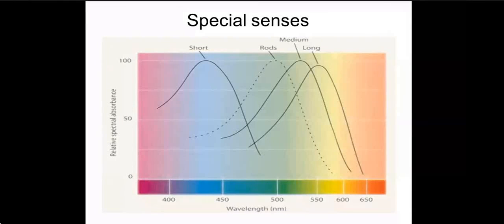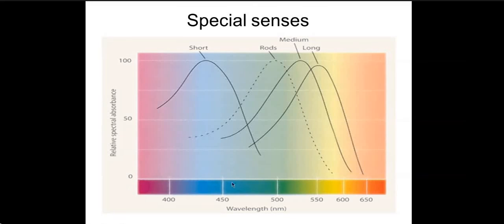Now you see here the short wavelength. Short wavelength is 400 to 500. Long wavelength, you see here, is 600, 650. And here, this is cone, this is cone, this is cone, but here the dotted line is rod.